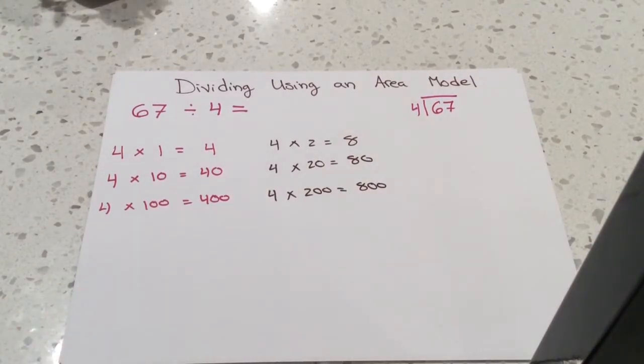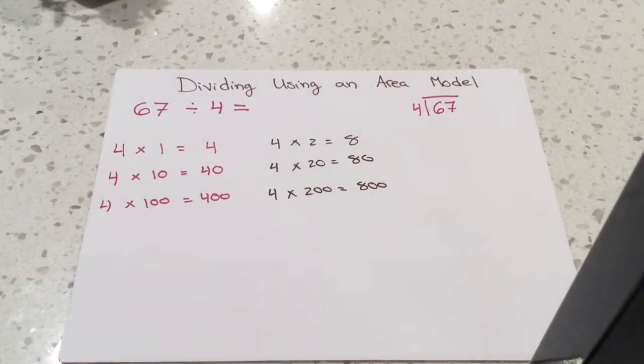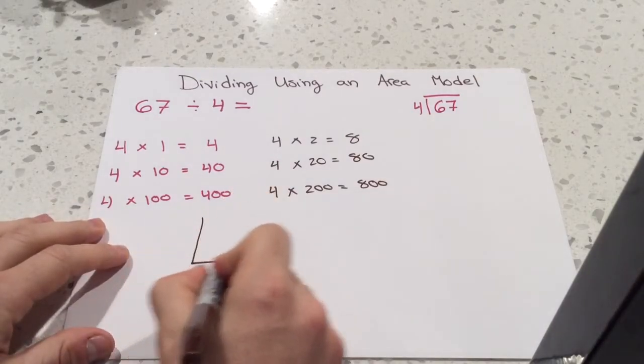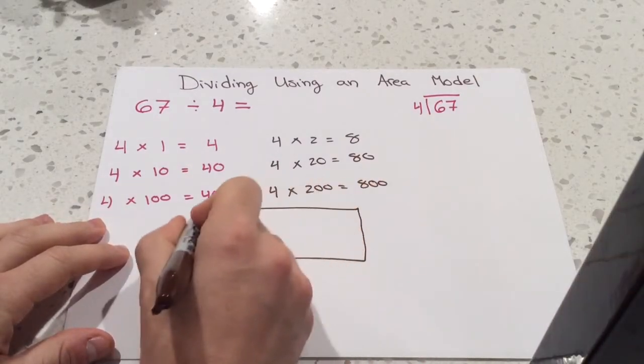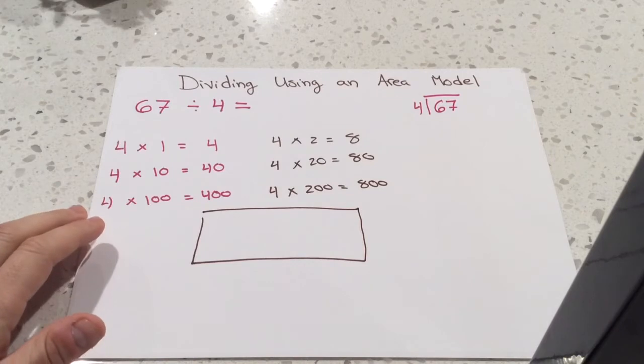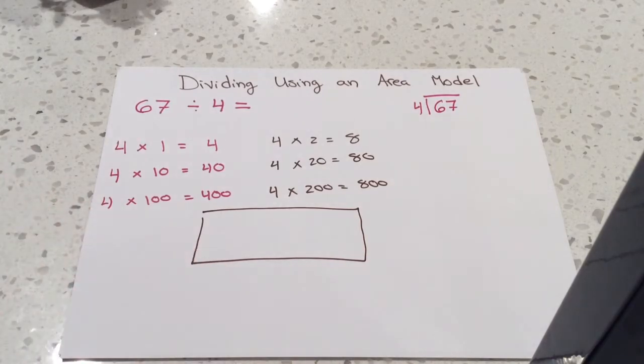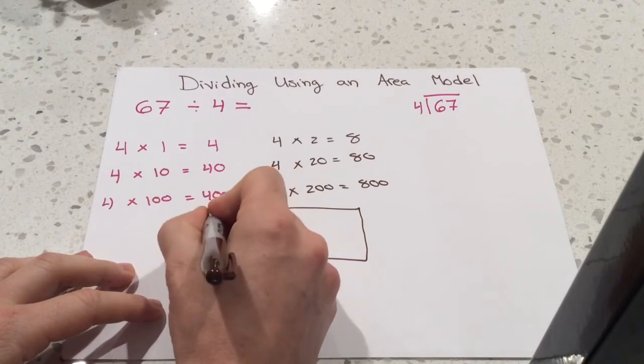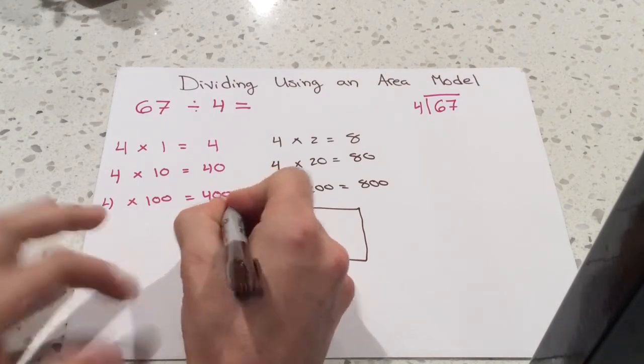Now, we're not going to be using these larger numbers today, but in the second example that I show, these larger numbers and building off of our basic facts will really come into play. With the area model, we set it up by drawing a large horizontal rectangle. I put the number that I'm starting with, my total or my dividend, on the inside.